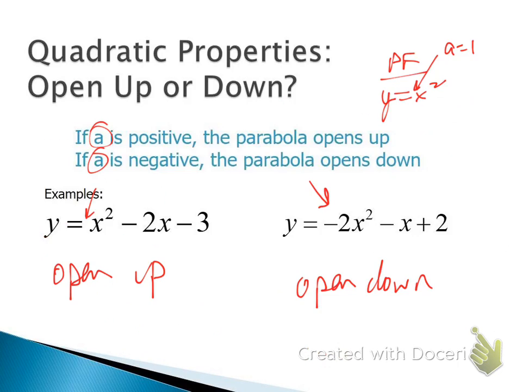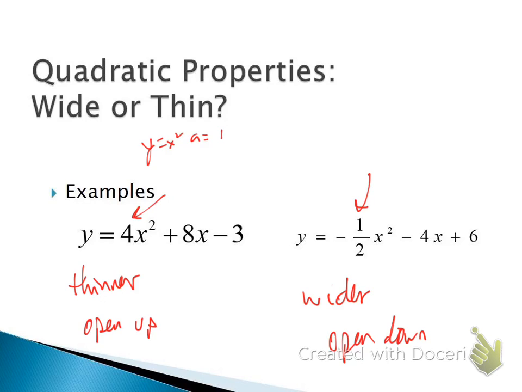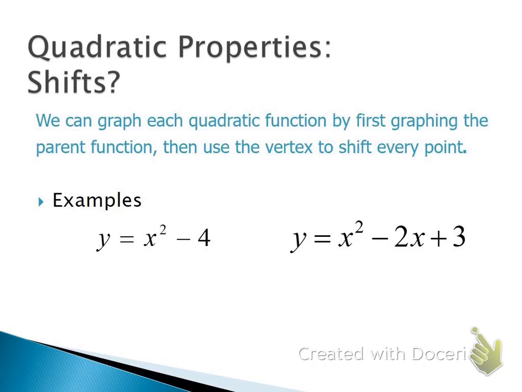That vertex keeps moving every time I move it around. So we're going to talk about trying to figure out if a particular quadratic function is shifted away from where the parent function was. And the way we tell that is by the vertex. Now, you don't know this yet, but the vertex for this first example is going to be 0, -4.